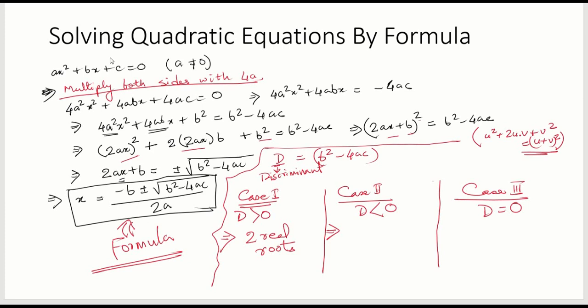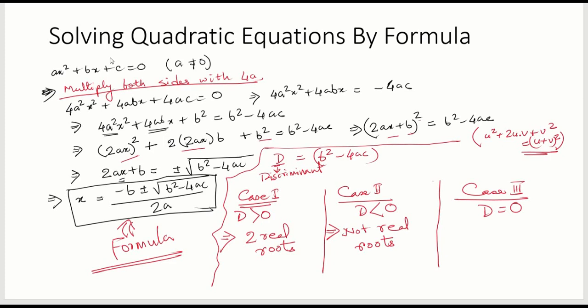So you won't get two real roots, you will get what are called two complex roots. But for the time being, since we have not discussed what complex roots are, and it's not in the scope of the syllabus, I will just write not real roots. So we won't get any real number, it's something else, it's complex roots. Let's not go there, but you won't get real roots.